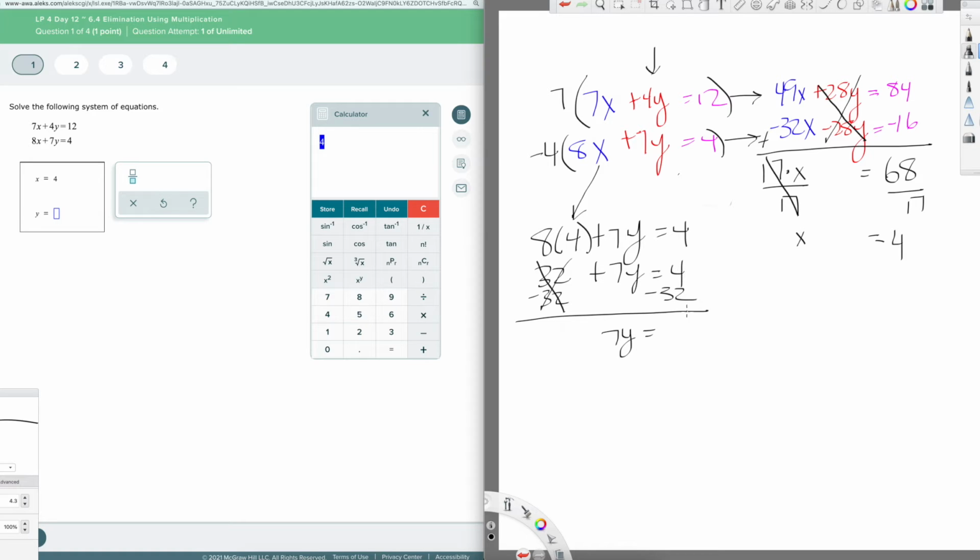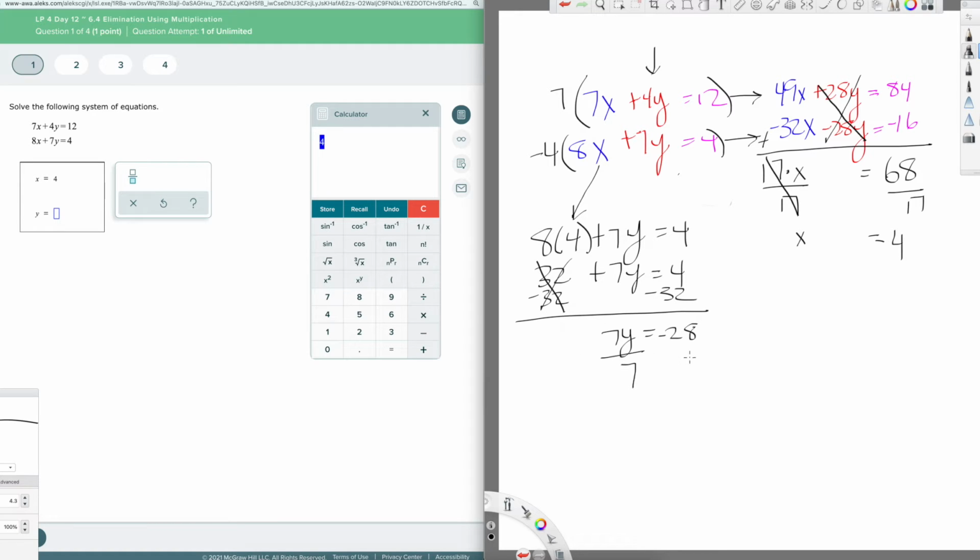So these are opposites. I'm going to subtract. I have more negative than positive, so it's going to be a negative number, because 32 is definitely more than 4. I'm not talking about bigger than on a number line or anything like that. I'm saying 32 is farther away from 0 than 4. So there's more negative numbers than positive numbers here.